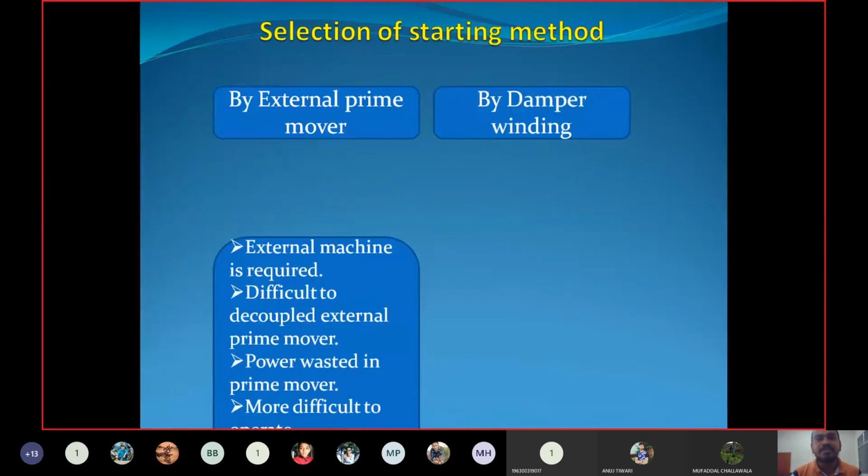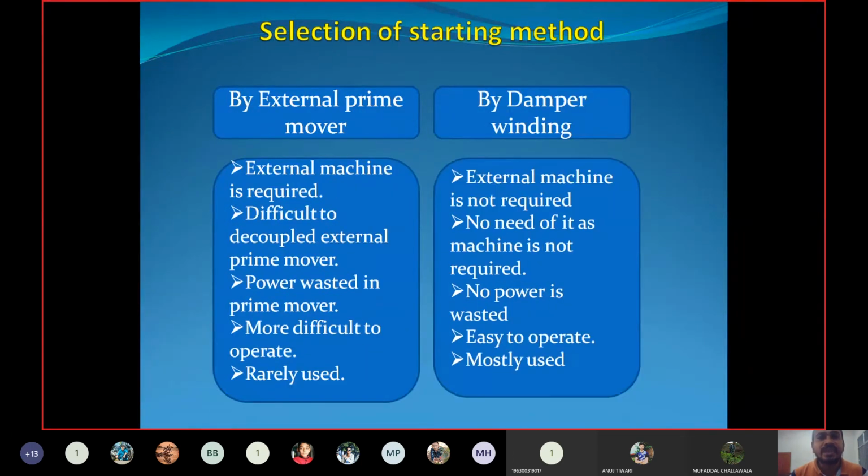So now if we compare these two methods, the external prime mover method and the damper winding method. In the external prime mover method, an external machine is required. We need an external prime mover, whether it is a DC motor or induction motor.